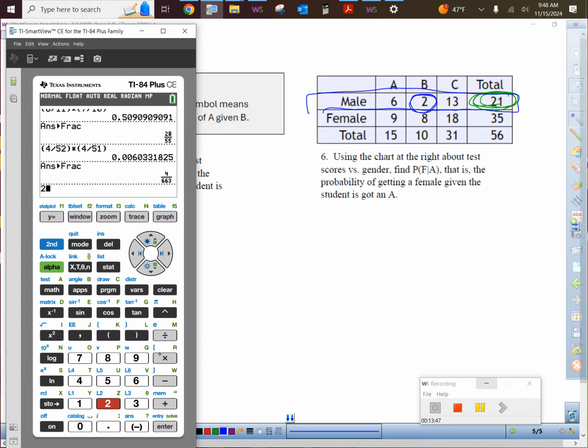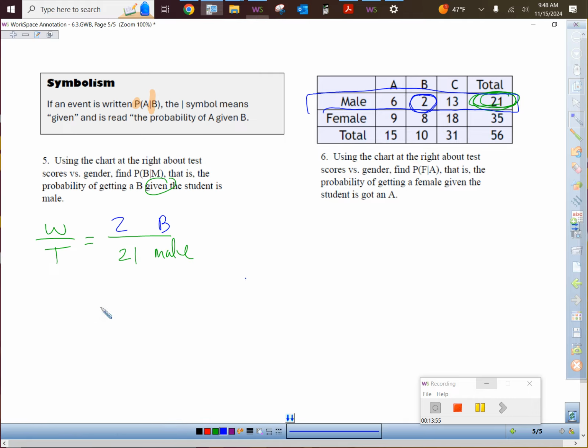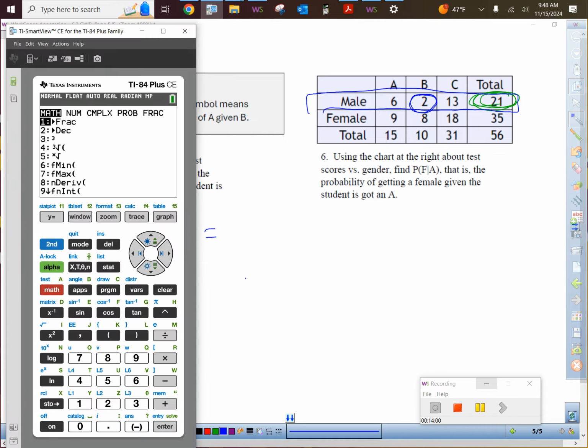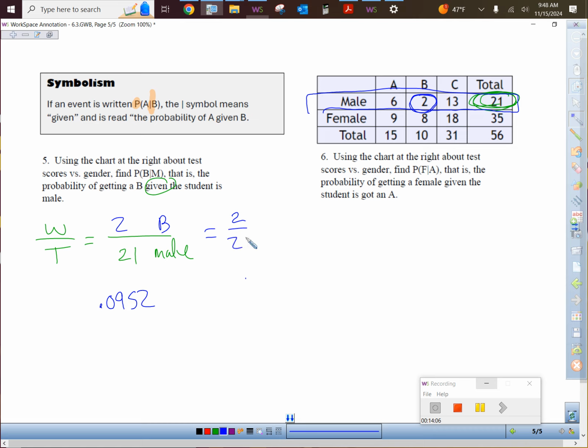It's just 2 out of 21, which is 0.0952. As a fraction, if we math enter it, it's going to be 2 out of 21. So it didn't even reduce. Just read the question to see if they want it as a fraction or as a decimal. If they don't tell you, I think it would accept either one.